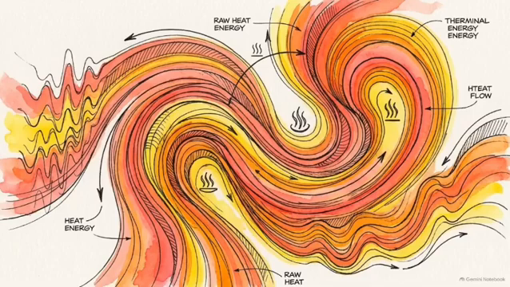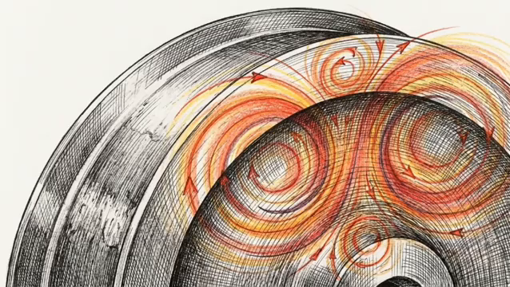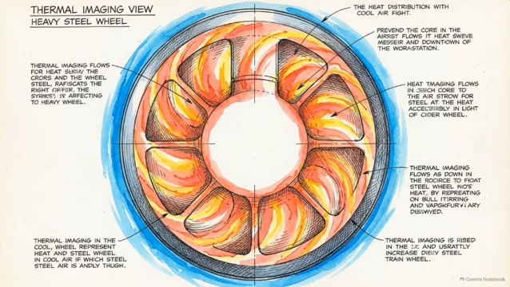But thermodynamics demands a trade. The immense kinetic energy erased during that braking process must be converted into another form. As the swirling eddy currents force their way through the bulk metal of the wheel, the metal's internal electrical resistance converts all of that electrical energy directly into heat, safely burning off the train's momentum.